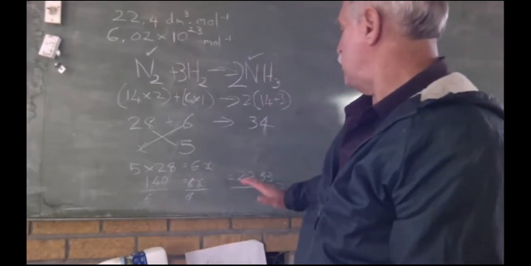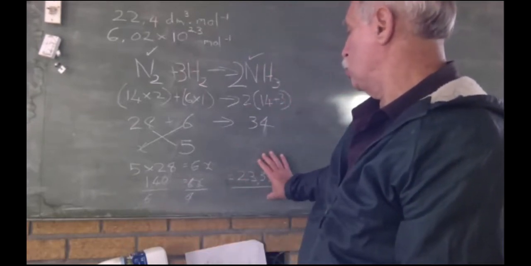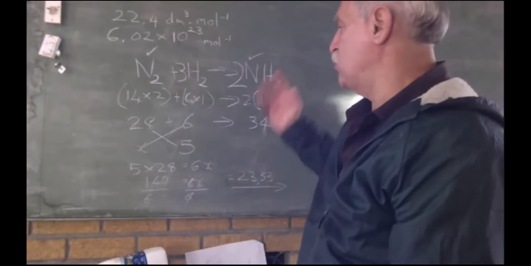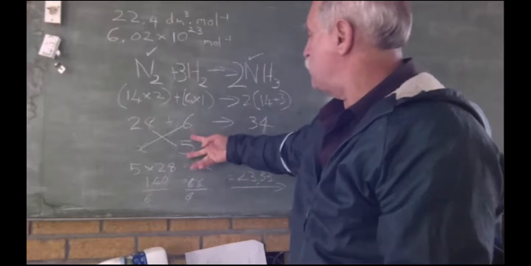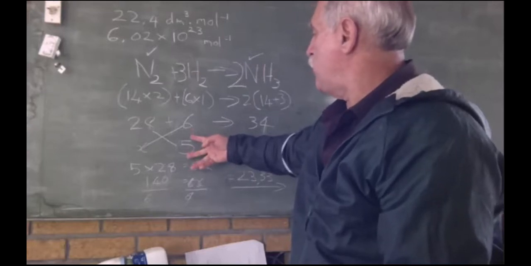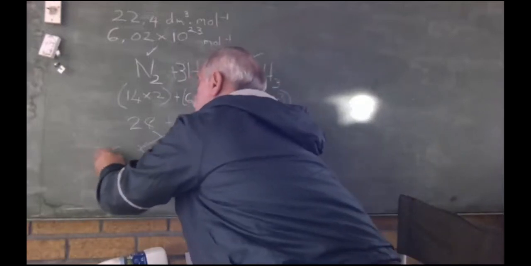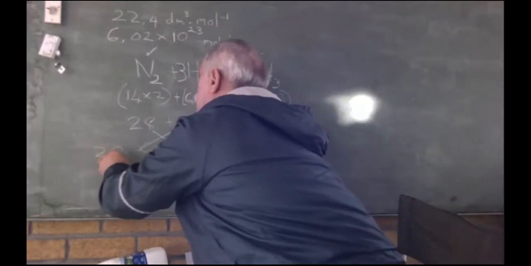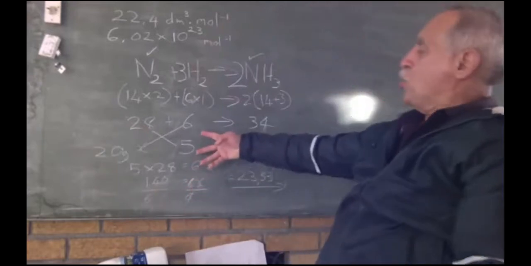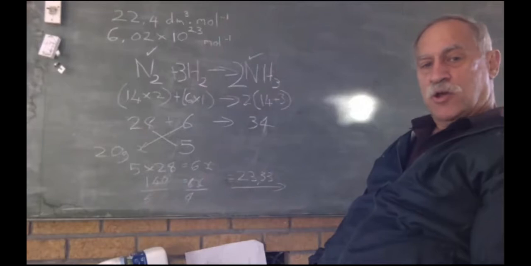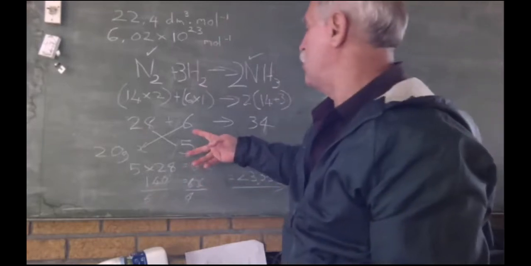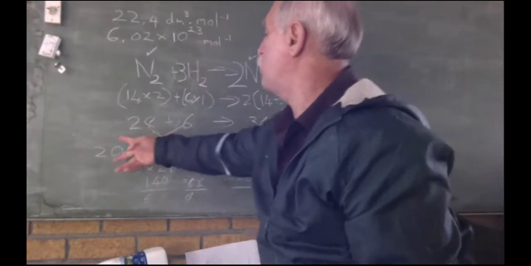Now, what if they said to you, this is how they would phrase it. We've got 5 grams of that, and we've only got 20 grams of this nitrogen. Which of those is going to be the limiting factor? We're going to react 5 grams of that with 20 of those.